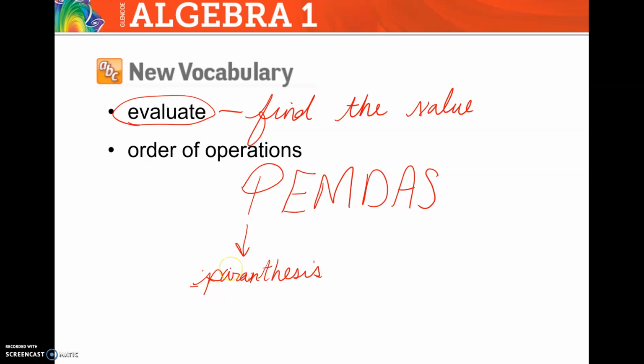So anything that groups parts together, that should be your focus first. E stands for exponents. And then we do these two together. M and D stand for multiply and divide, so those go together. And then A and S is add and subtract.